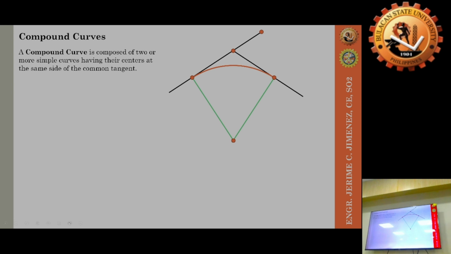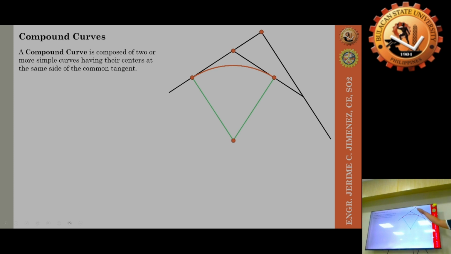And mag-introduce tayo ng line from this point intersecting the forward tangent. It doesn't matter kung 90 degrees siya or 45 degrees siya. Okay? Any angle. Okay? So, mag-introduce tayo ngayon dyan na line.